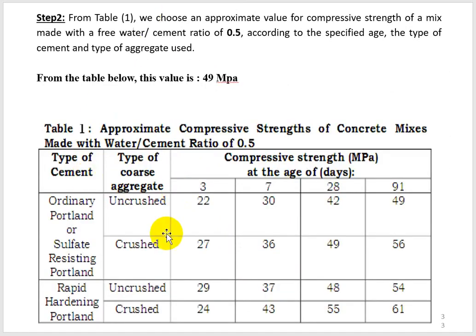Then we go to that table. So we have ordinary Portland cement crushed rock corresponding to 28 days, so that's 49.